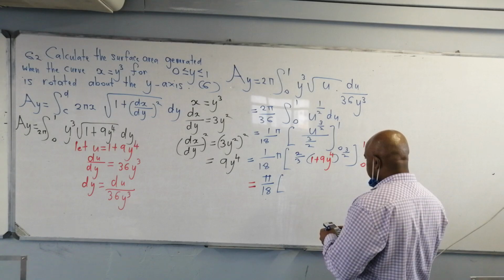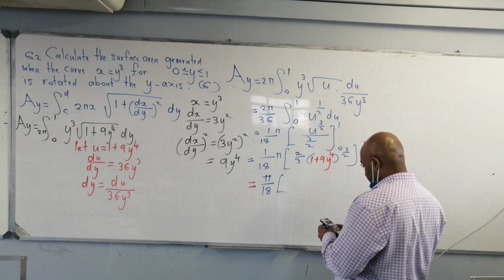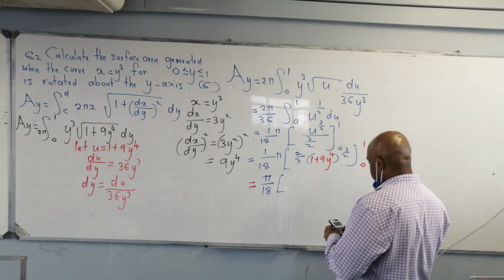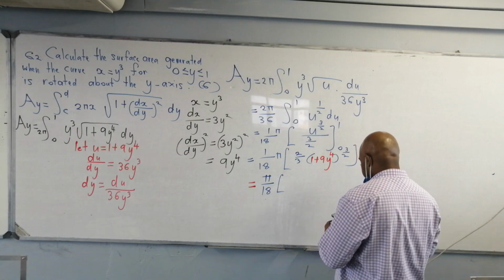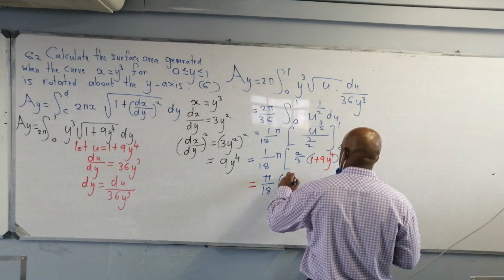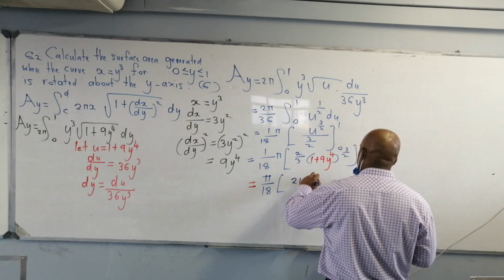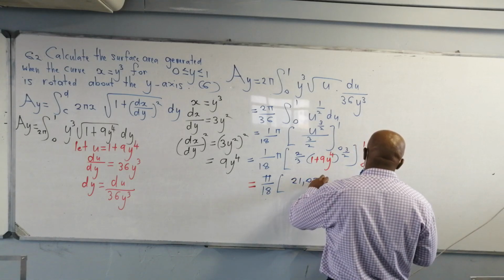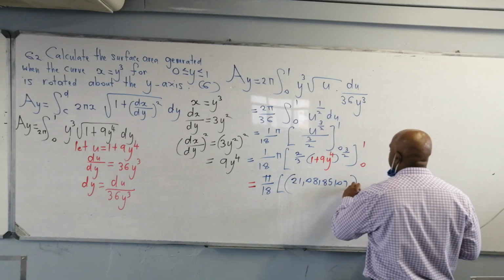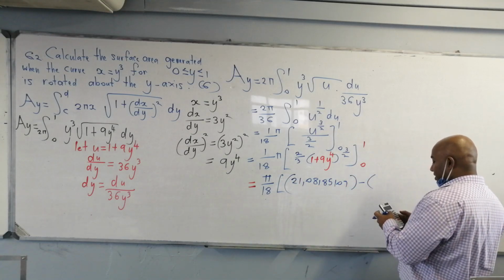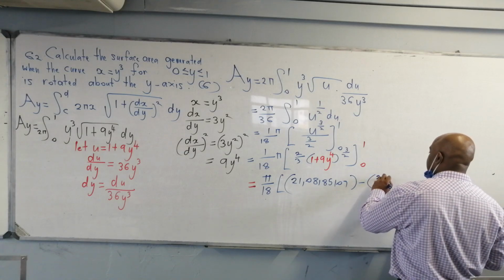So when we substitute 1, I'm going to get 2 over 3 times 10 to the power 3 over 2, which is 21.08185107, minus, now let's substitute 0 and we get 2 over 3.